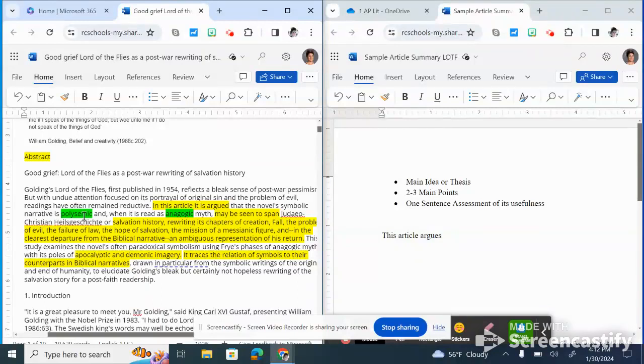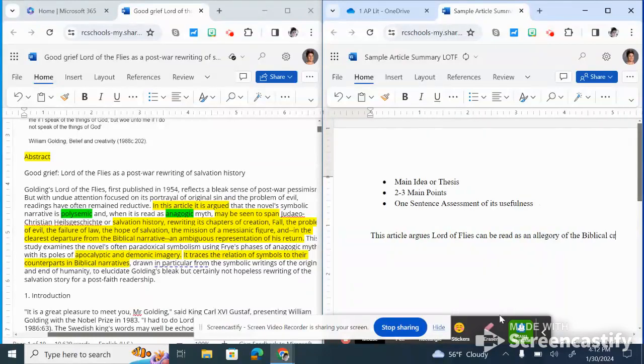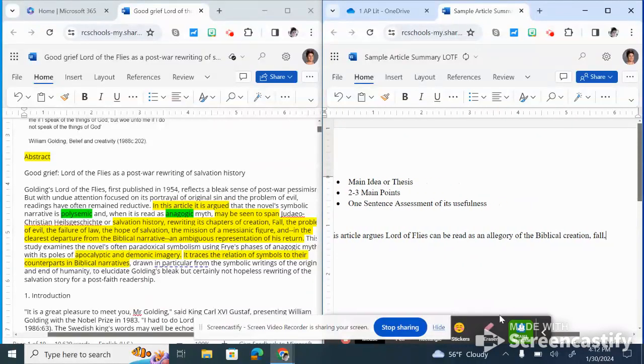Now, you better bet I had to look up the words polysemic and anagogic, and I'm going to write this a whole lot shorter. So this article argues that Lord of the Flies can be read as an allegory of biblical creation, fall, messianic story.